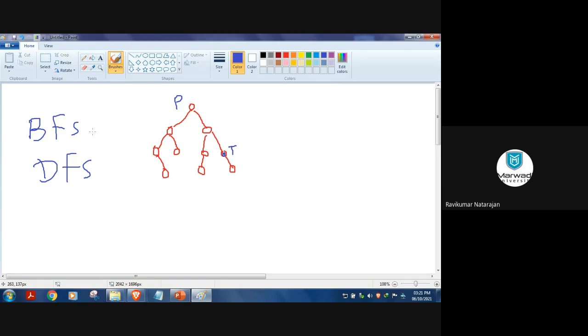So now we know that in a tree this is level 0, and this is level 1, and this is level 2, and this is level 3. So level by level in the sense, first I'll explore the root, then I'll visit these levels. Whatever the nodes are in this level, I'll visit these, then I'll go to the next level.